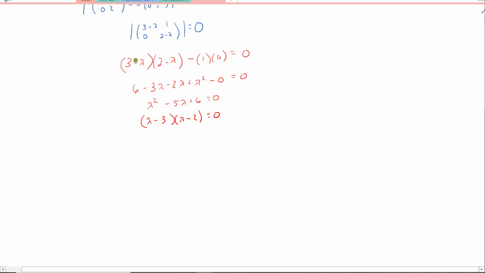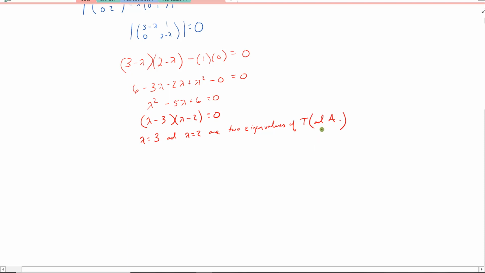Careful, we could see that up above, but that was only because this term right here simplified to be a 0, which often won't be the case. So this gives us 2 eigenvalues. The eigenvalues lambda equals 3 and lambda equals 2 are 2 eigenvalues of the transformation T and its associated matrix A.